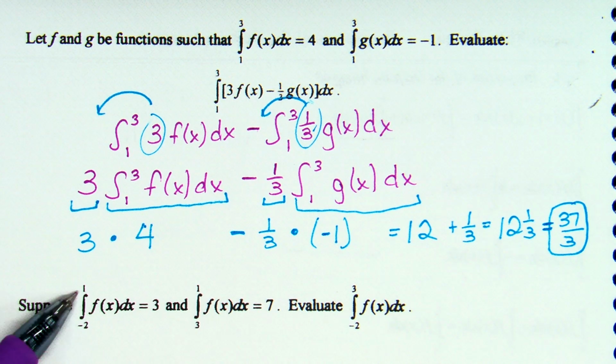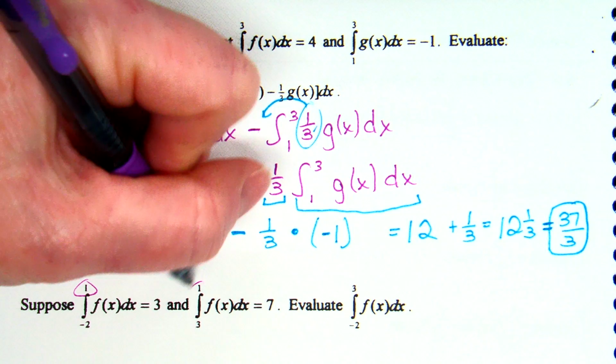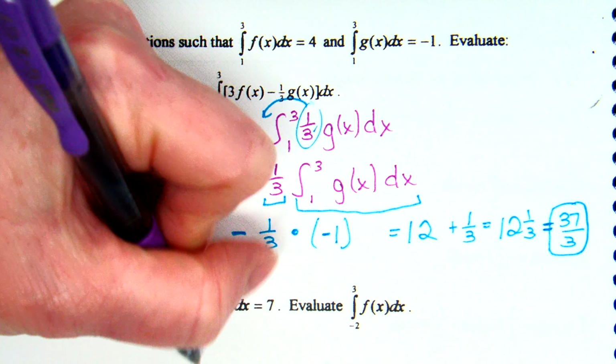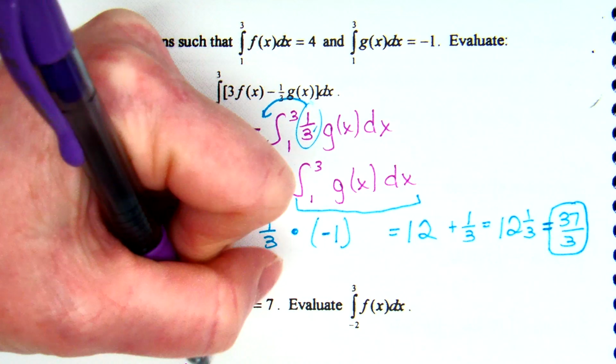Here the 1s are in opposite locations. So take this one, and if you flip the boundaries, 1 to 3, what did we have to do? You had to multiply by a negative. So we can write it as the negative of the integral from 1 to 3 of f of x dx.